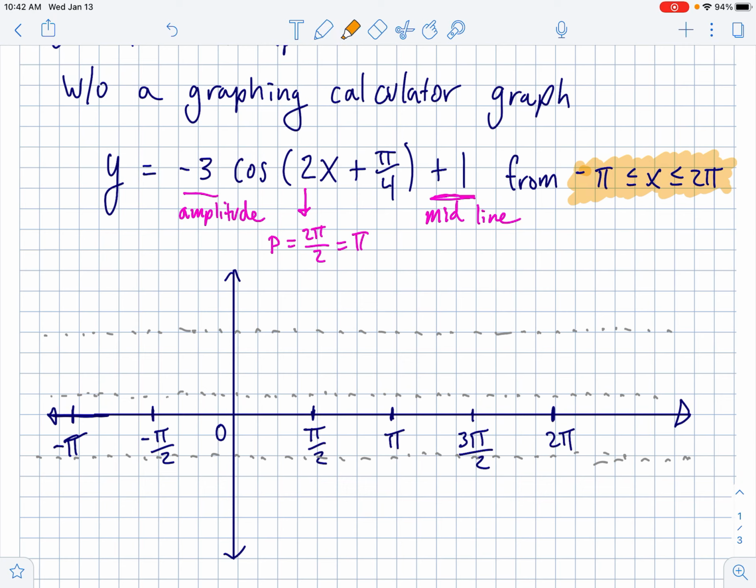Now, if you look at this and you see this +pi/4, this is the horizontal shift, but it's not the actual horizontal shift. It's not pi/4 to the left or right, because there's a horizontal squish happening, a horizontal compression. So there's two ways to think about this. You can think about the pi/4 shift being squished by a factor of 2, or one thing I like to do is put this into factored form.